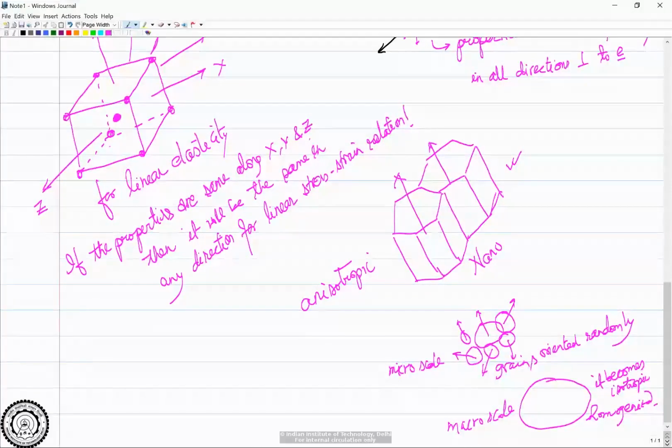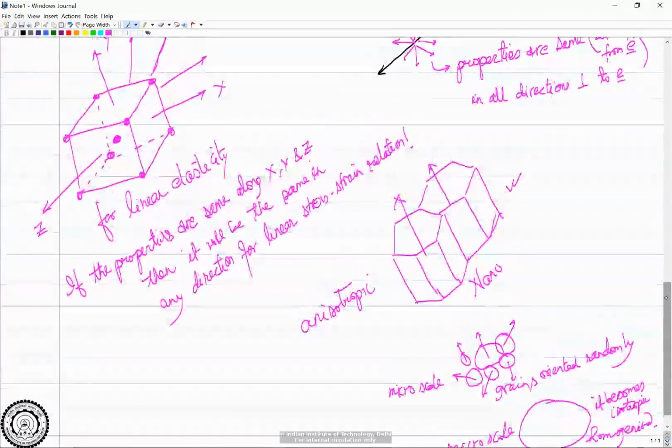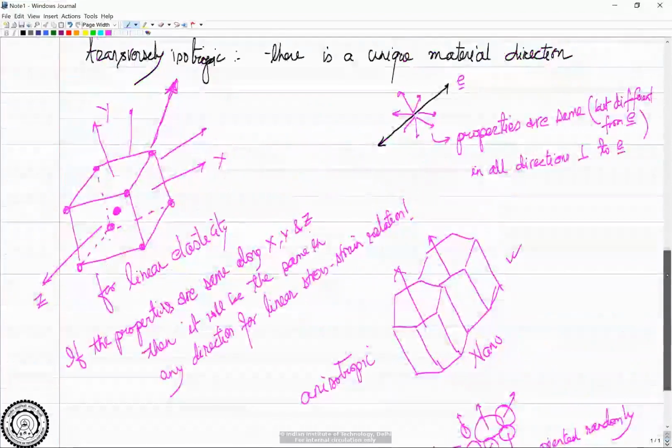So they were telling we can consider it as isotropic. Yes, yes, yes. It's because at the micro scale there may be some random element of material which is overall making it isotropic at the macro scale. Yes, sir. Okay. So anyway, this is a digression from our original topic.